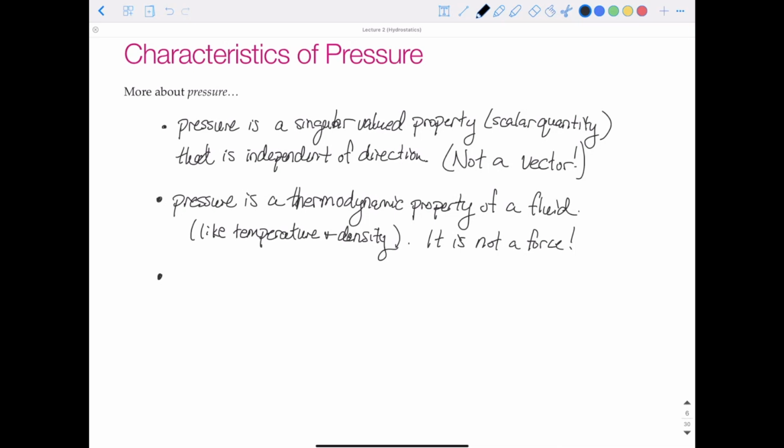Thirdly, a body or surface in contact with a static fluid experiences a normal force at each point due to pressure.